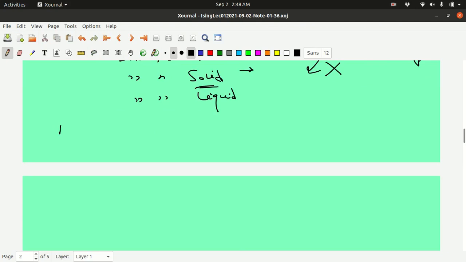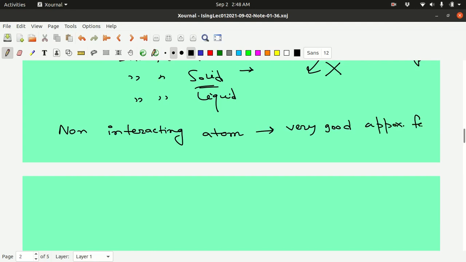Non-interacting atoms, or atoms with negligible interaction, is an excellent approximation for gas, but it's a very bad approximation for solid.